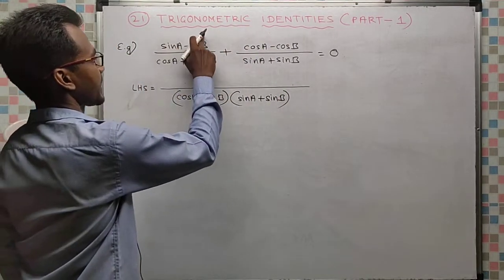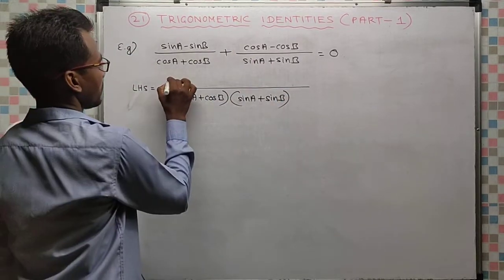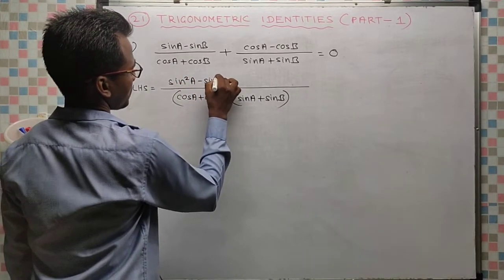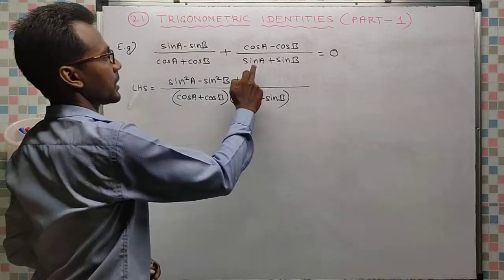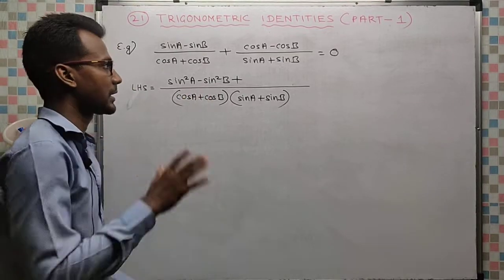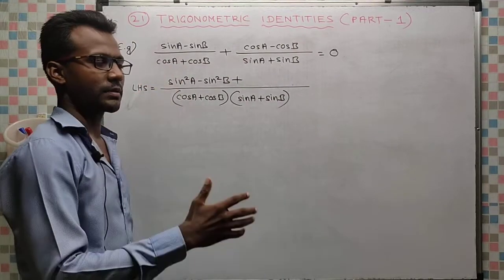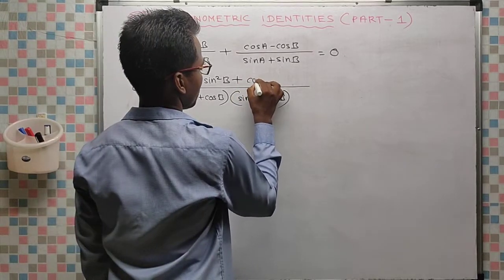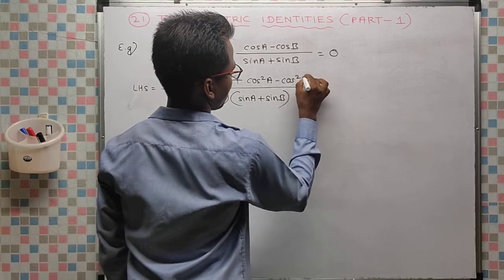See this one, sin A minus sin B means A minus B, A plus B. So A square minus B square, so sin square A minus sin square B. Similarly, suppose this is x minus y, this is x plus y. So x minus y into x plus y is x square minus y square. So again the same: cos square A minus cos square B.